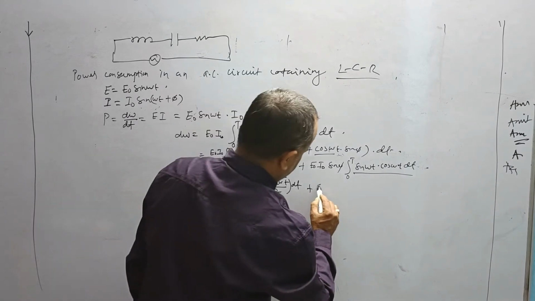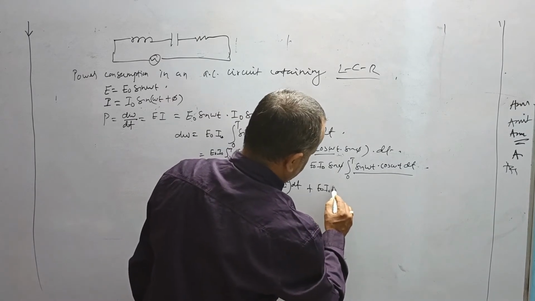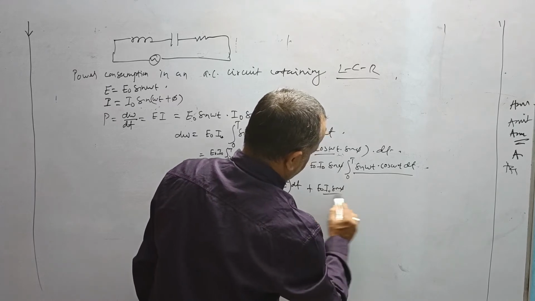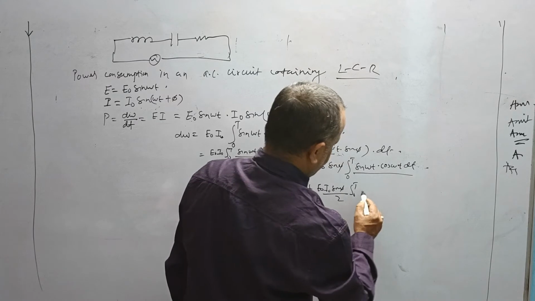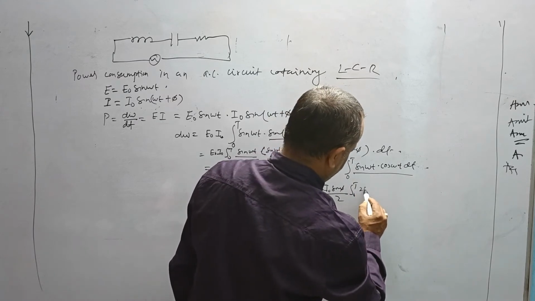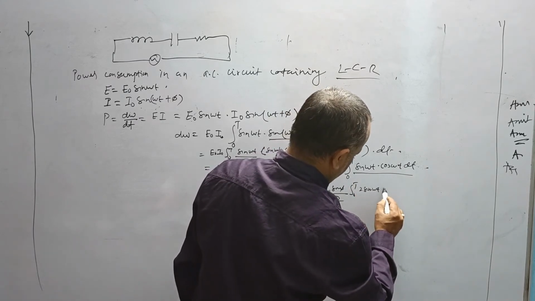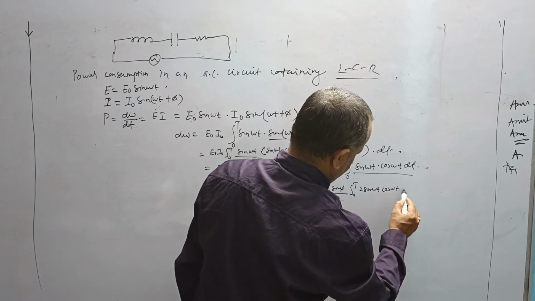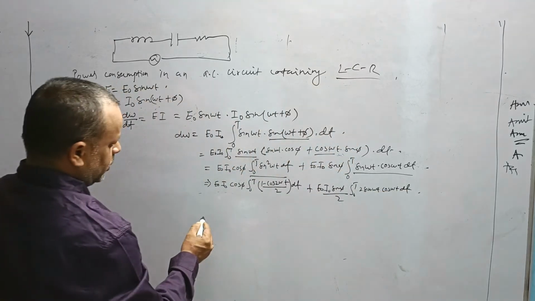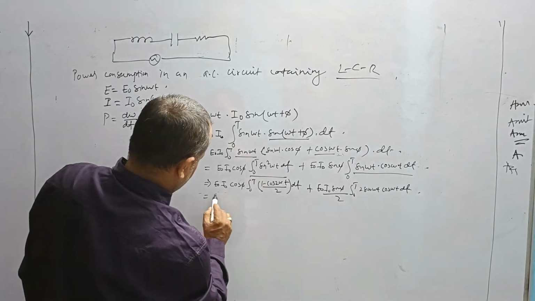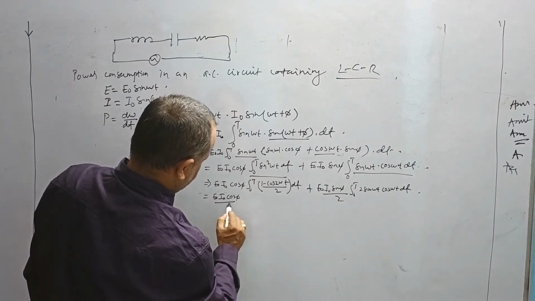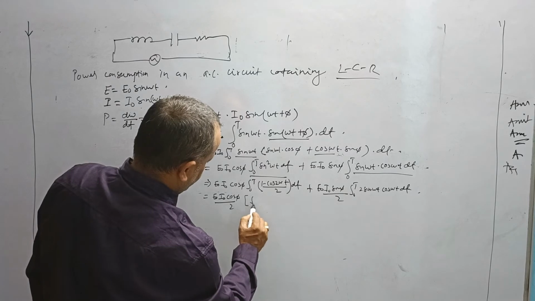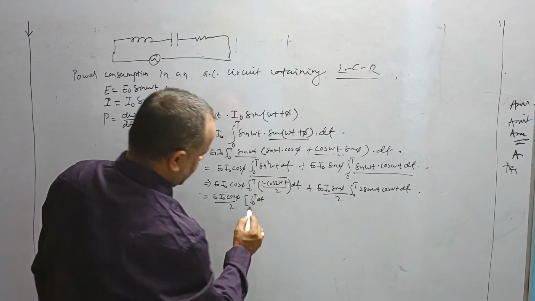See, this is E naught I naught, this is sine phi. Again, what we'll do is multiply and divide by 2, sin omega t cos omega t delta t. See what we have. This is E naught I naught cos phi upon 2.